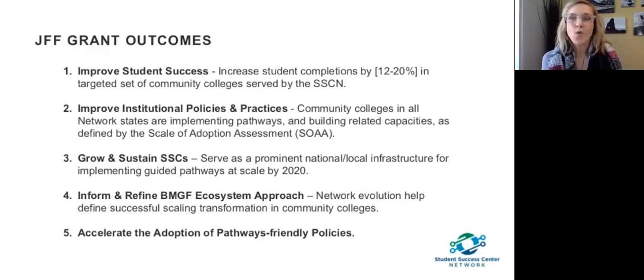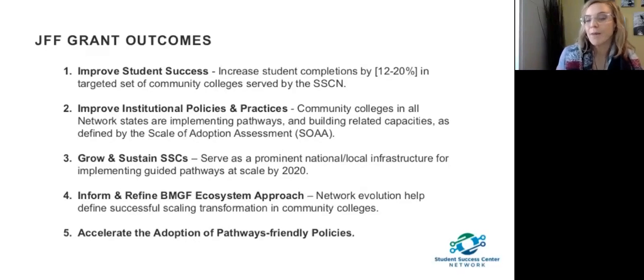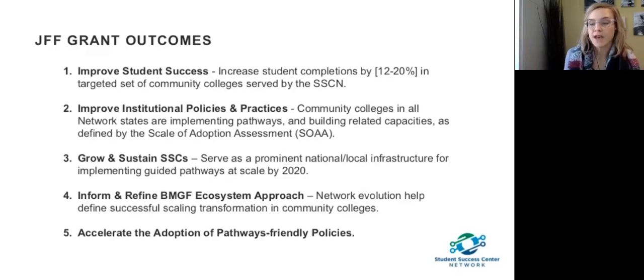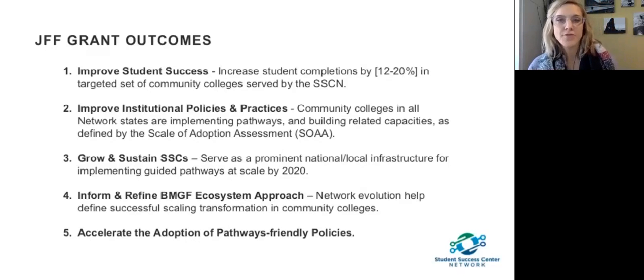This is instead, what is an appropriate pace and volume and capacity or scope for JFF and for the network to be able to continue to grow the network and the number of states, but at the same time balance that with the amount of services and capacity that we all have, and that includes the other centers. So finding that balance is the goal of this grant.